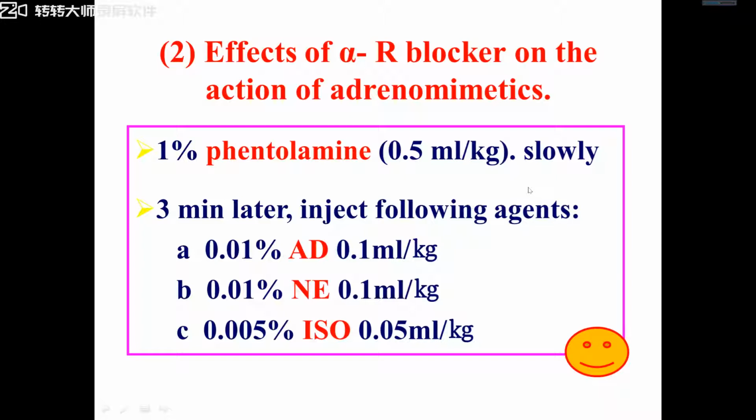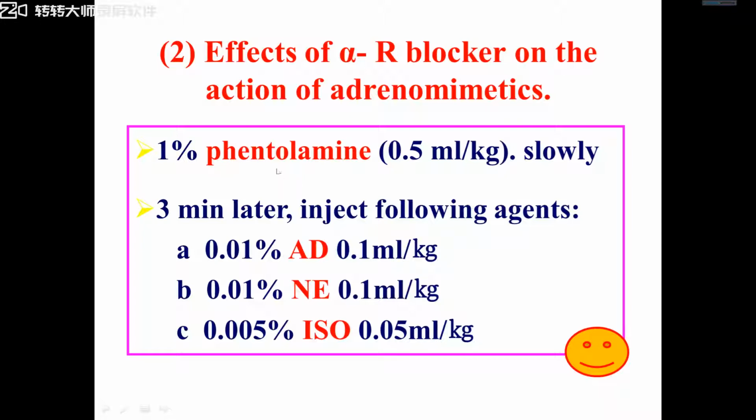We use the alpha receptor blocker through slow intravenous injection. And after we use phentolamine, we know blood pressure will be decreased by phentolamine. And 3 minutes later, why should we wait for 3 minutes?